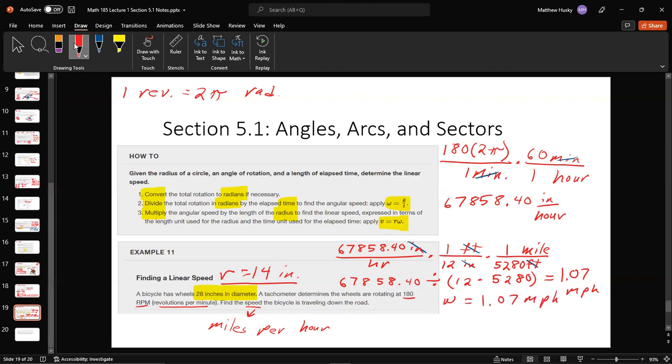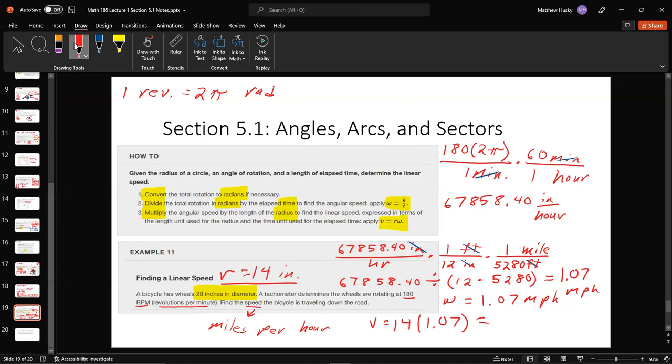And then what we need to do is we're going to do V equals R, which is 14 times W, which is 1.07. And when we do that, take that decimal times 14, and that's basically 14.99.